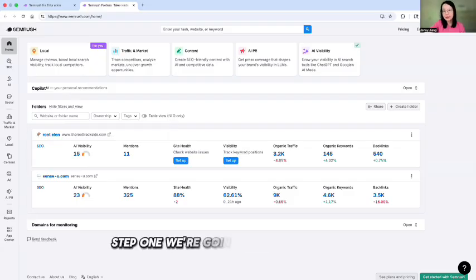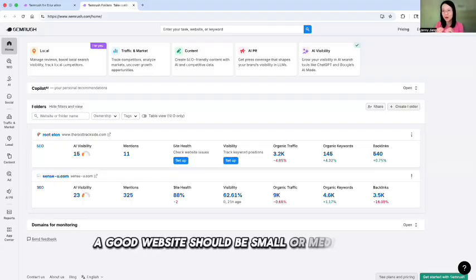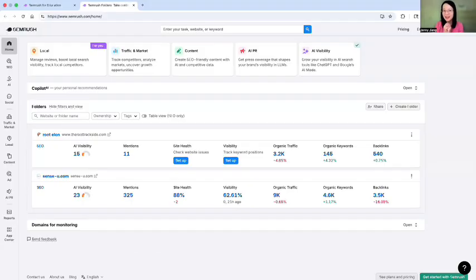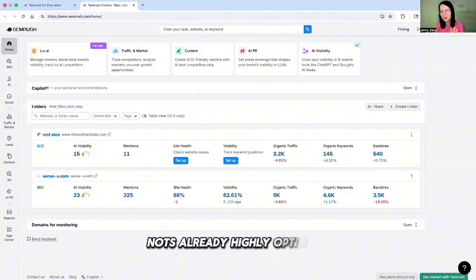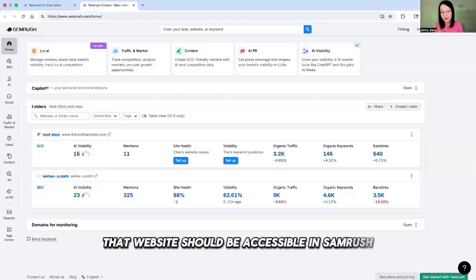Step one, we're going to choose a website. You need to choose one website. For this assignment, a good website should be small or medium sized, not already highly optimized. That will give us space to develop a plan for search engine optimization. And that website should also be accessible in Semrush.